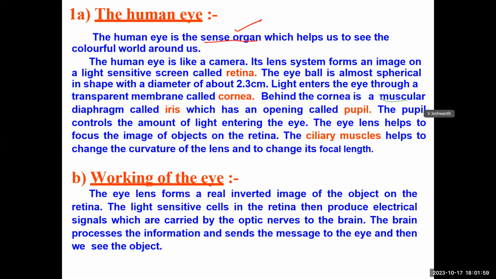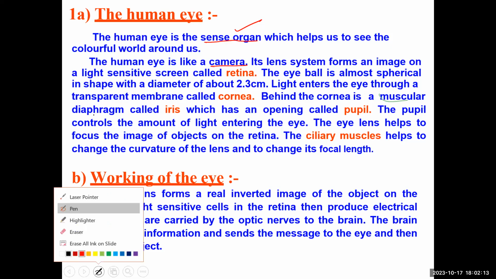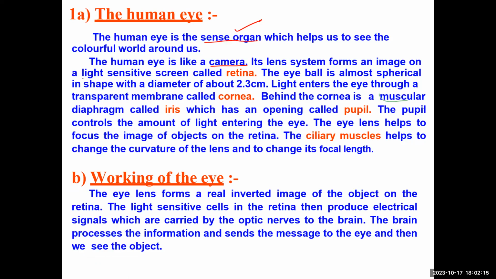This is a camera, and its lens system forms an image on a light sensitive screen. This can be part of your objective also. Kindly concentrate over here. The light sensitive screen of the human eye is called the retina.